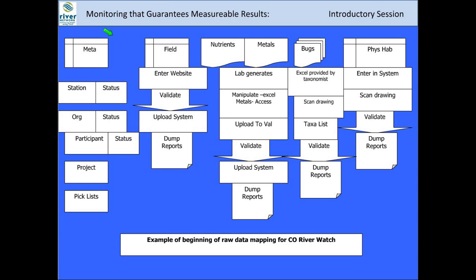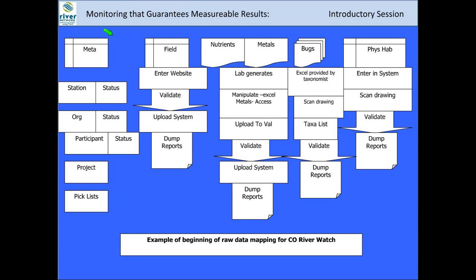What is the pathway and the systems you need to have in place? Hardware, software, validation, copying, backups, naming conventions, all of those things that you need to have in place to get your data from being born, if you will, to dying when it's actually been used in a situation.